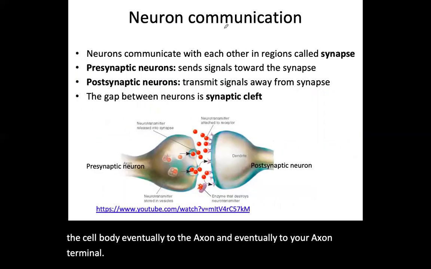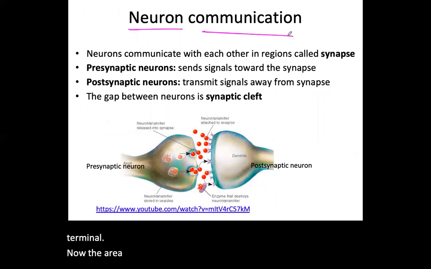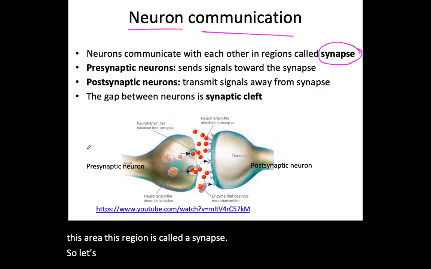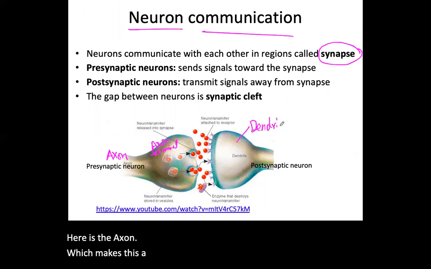Now, the area where one neuron is communicating with another neuron, this region is called the synapse. So let's depict this. In this picture, here is the axon. Here is the axon terminal, which makes this a dendrite of the second neuron.